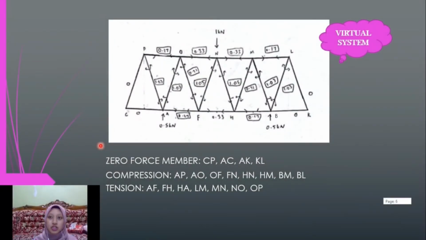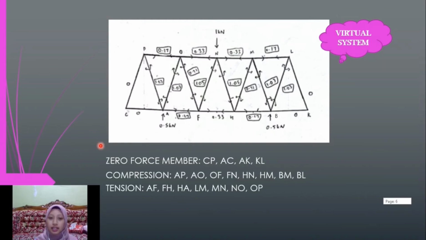Okay, next. This is the internal force using the virtual system, as we put only 1 kilonewton on joint N. So the result is we have 3 types of members, which are zero force members, compression, and tension. CP, SC, AK, and KL are zero force members.